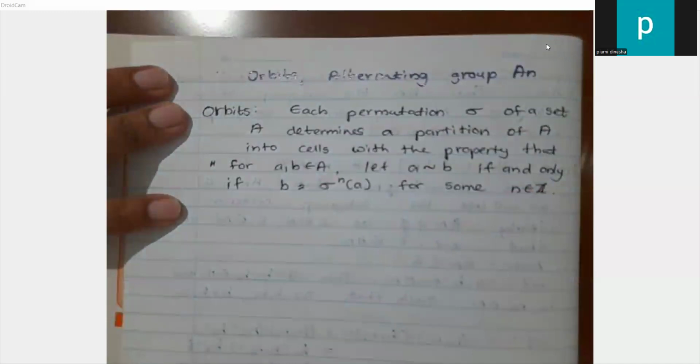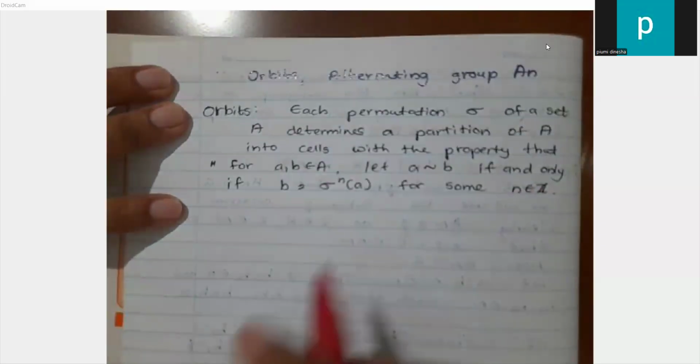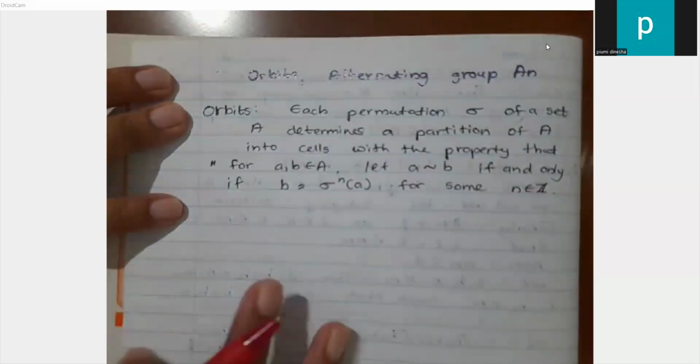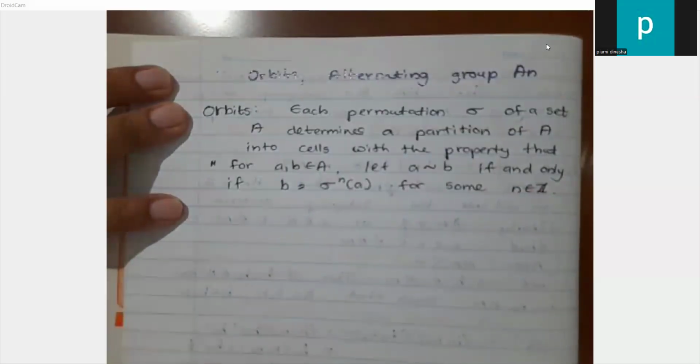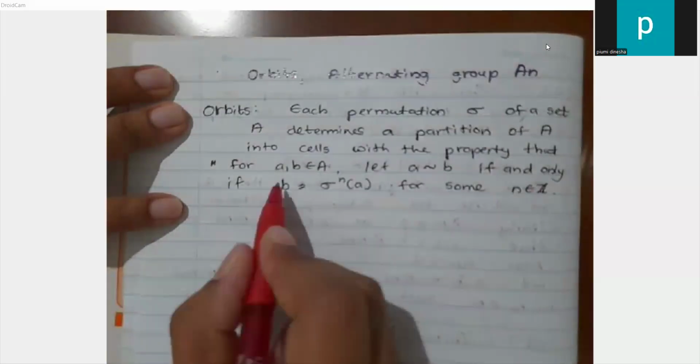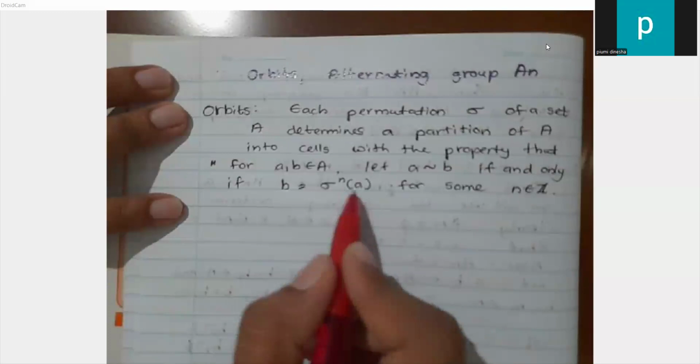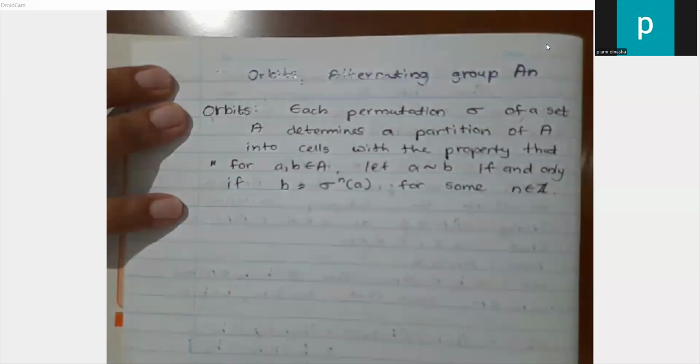So you take the element a, you permute it n times until you get the element b. If you can permute a n times to get b, we say that a is equivalent to b. Or in other words, we can say that a and b belong in the same cell of this partition if you can write b as sigma^n of a for some integer n.